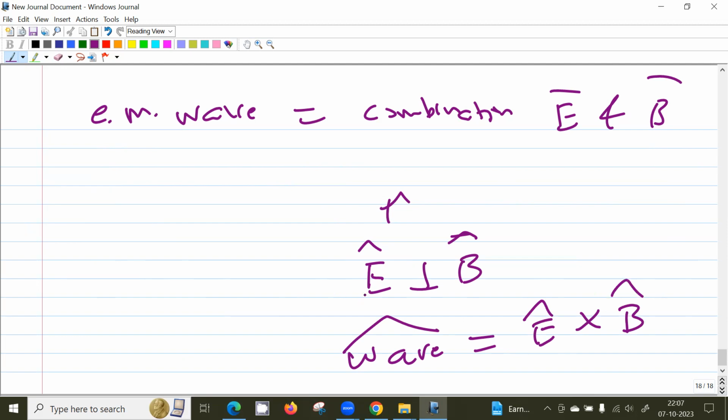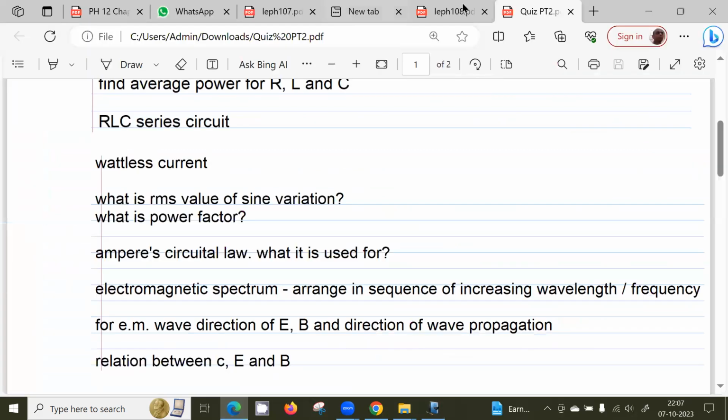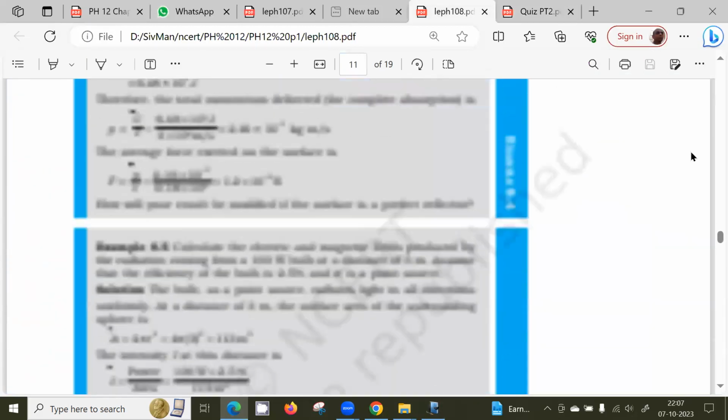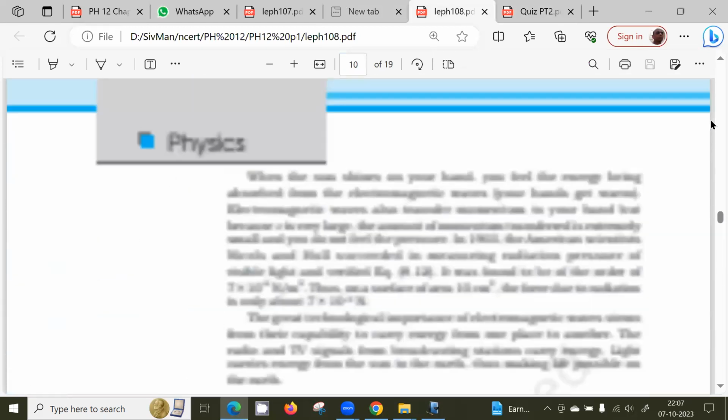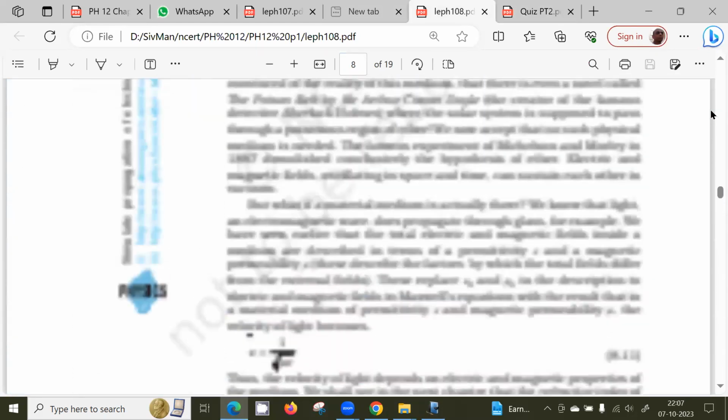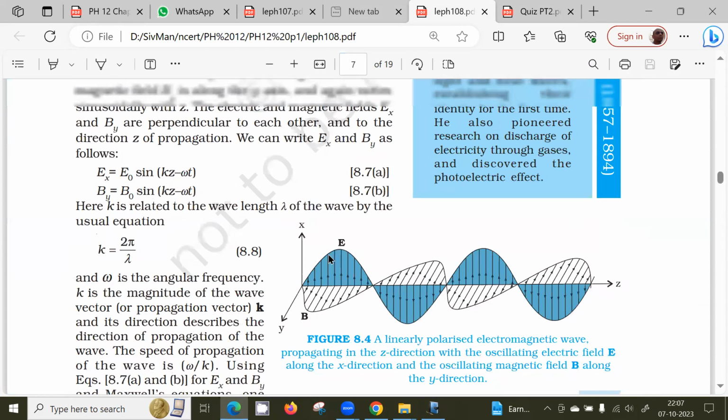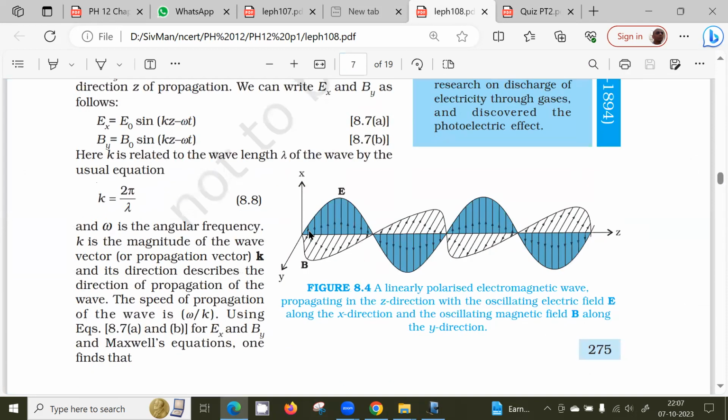Electric field is a vector, so it has a direction. Even magnetic field is a vector, so it has a direction. The direction of propagation of the wave is given as the direction of E cross B. See, this is the variation of electric field.